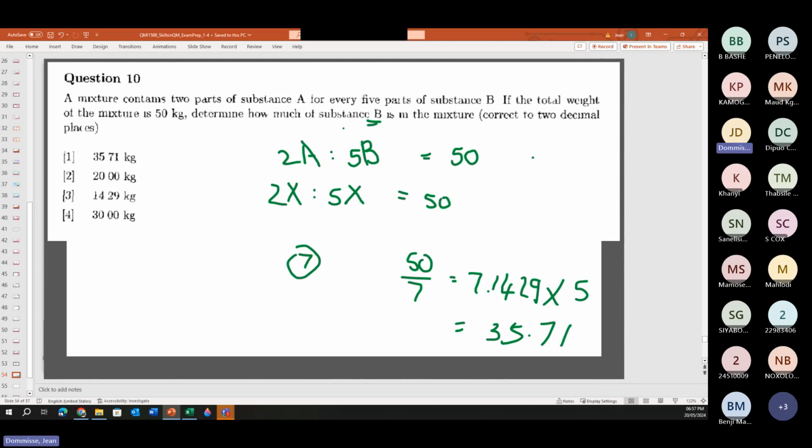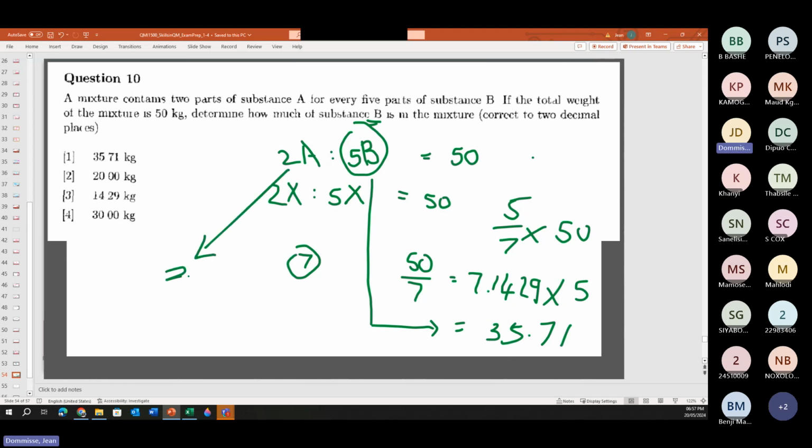And then I would have said, okay, we want to get to that component, so we could have said 5/7 times 50 should give me that. So 5 divided by 7 times 50 will also give me that, where this then is 2 divided by 7 times 50.